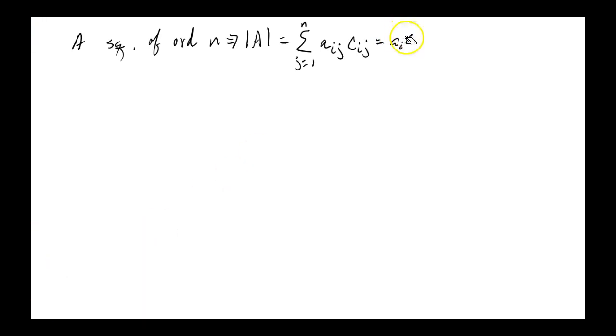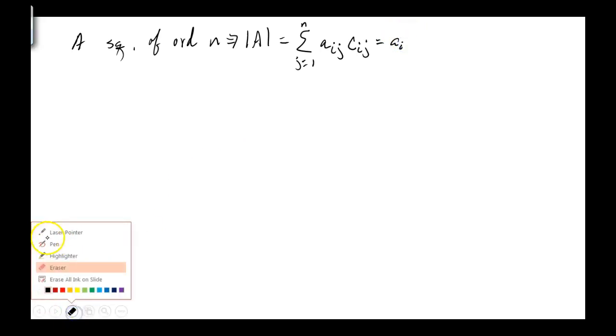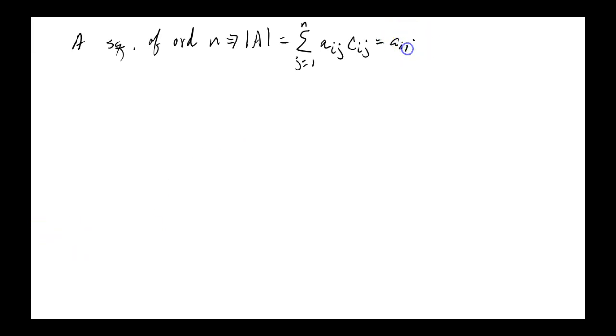Getting ahead of myself, ai1, ci1 plus ai2, ci2 plus ai3, ci3 plus ... all the way up to ain times cin.